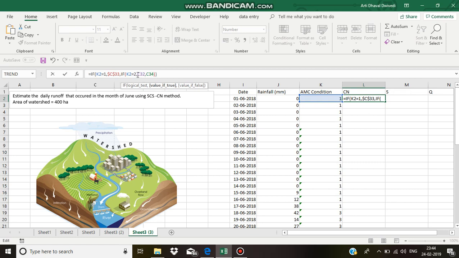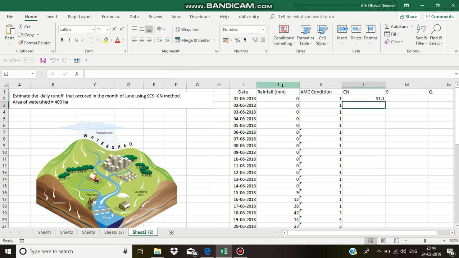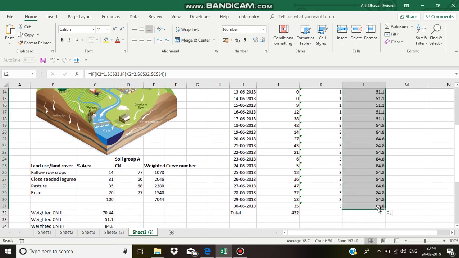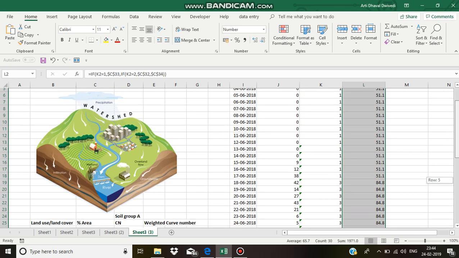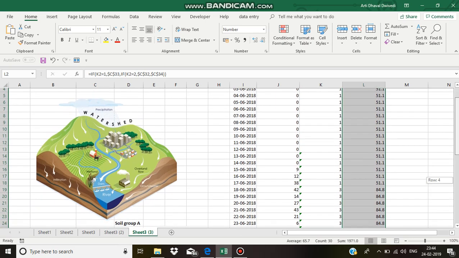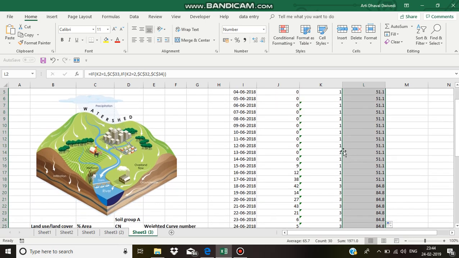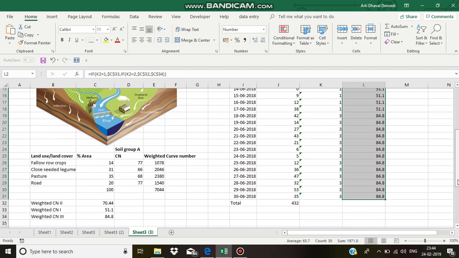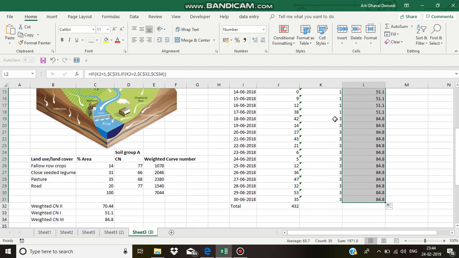If K2 is 2, then the curve number 2 value, otherwise curve number 3. So 51.1 wherever the AMC condition is 1, and 84.8 for AMC 3.